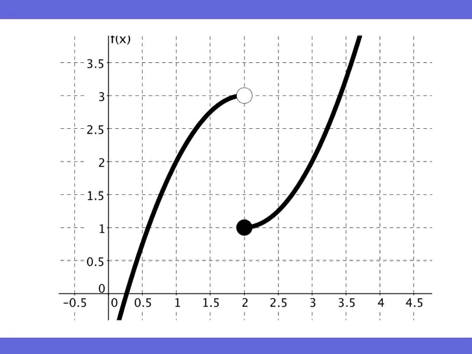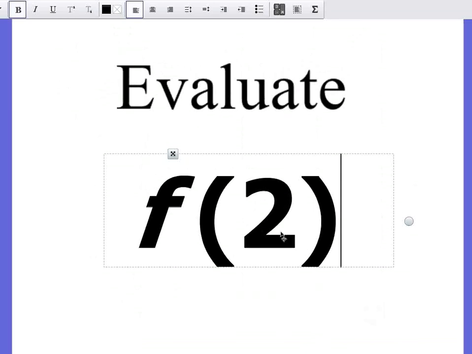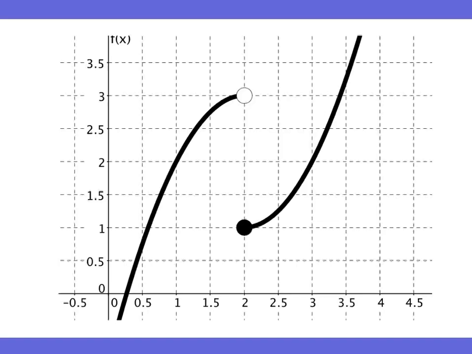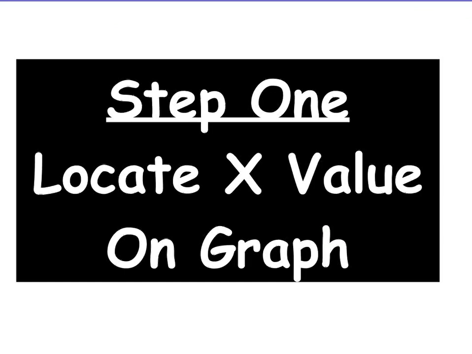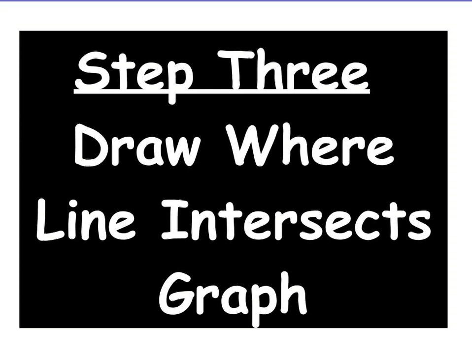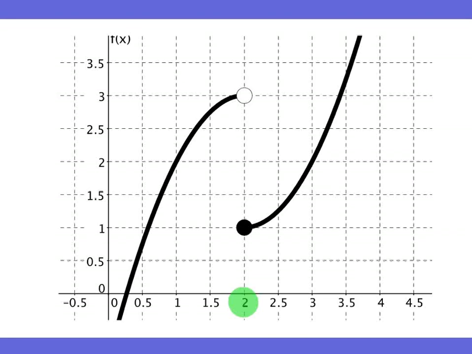We have the same graph, and now it says f of 2. So what is f of 2? Again, we're going to locate this x value on the graph, in this case 2 instead of 3. Now we're going to draw a vertical line from there and see where it intersects the graph. Draw a vertical line at 2.